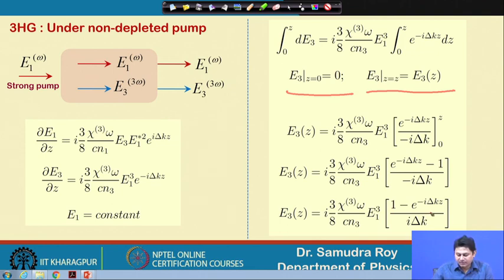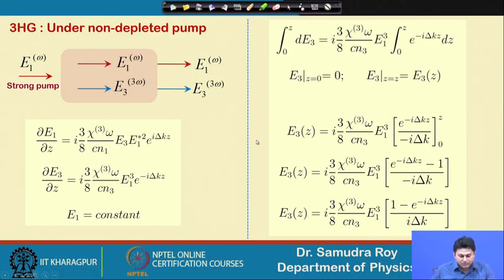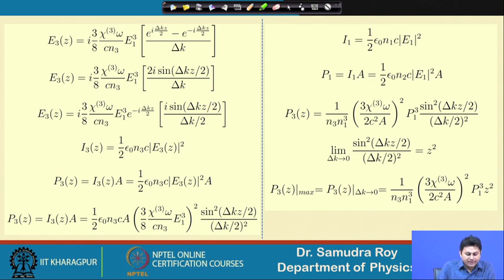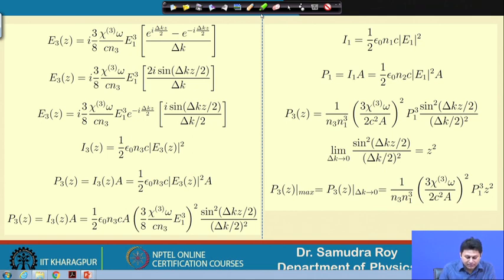We can further modify this expression and we will have this equation, and then finally, we will come to a point which is quite similar to what we have in our second order effect, this term.